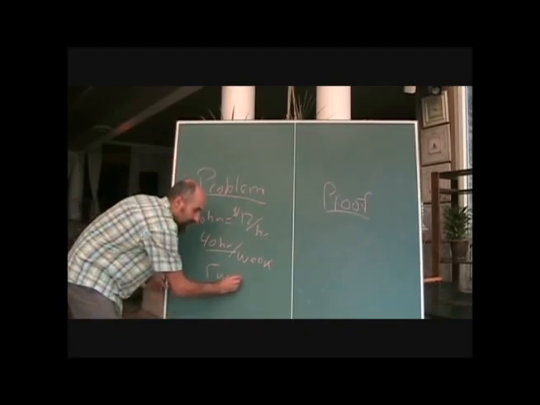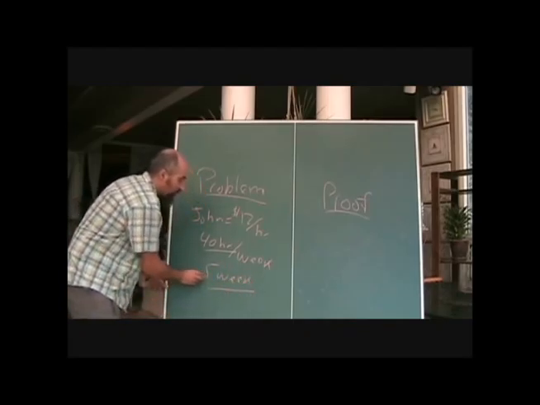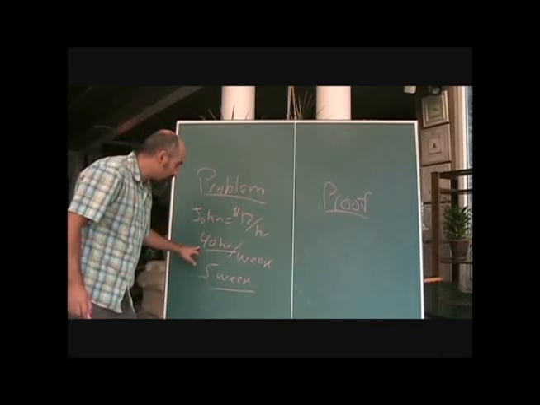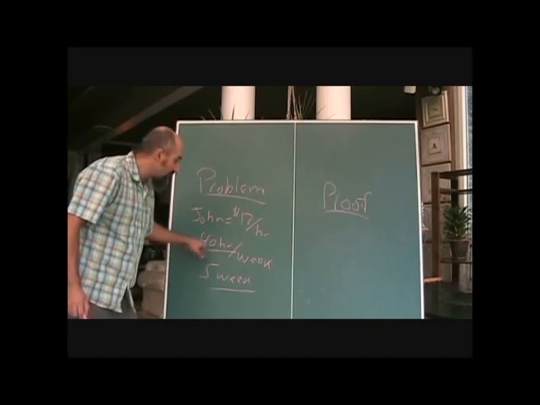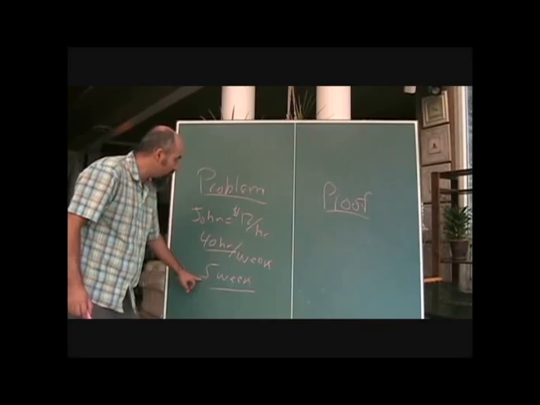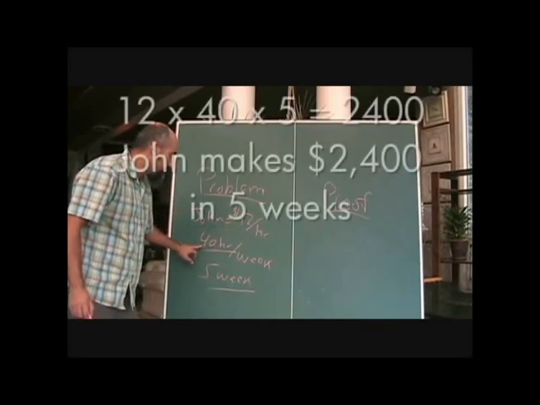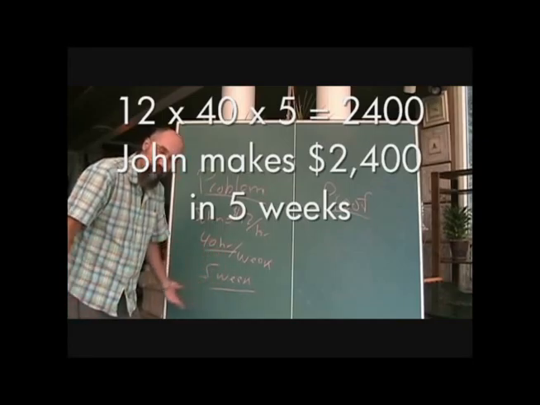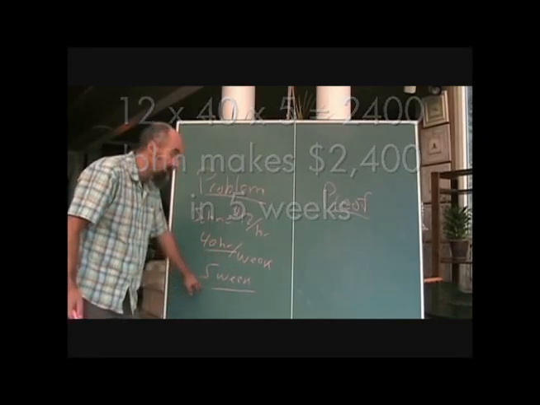Okay. Now this is just a straightforward problem. What you would do is he works 40 hours per week. He gets paid $12 an hour, and he works for 5 weeks. So all you would do is go 12 times 40. That tells you how much he's going to make in a week, and then multiply that by 5, and that gives you how much money he's going to be making in 5 weeks.